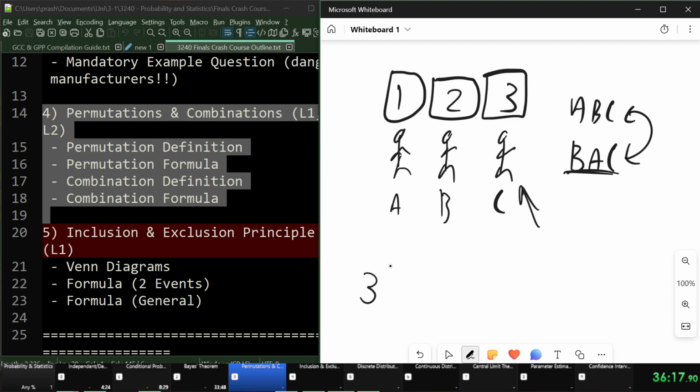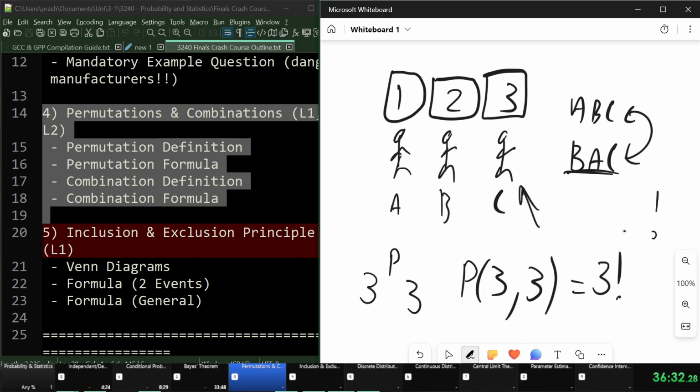So it's 3 permutate 3, or if you want to write it like this, 3P3. The nice thing is that the answer for this is just 3 factorial. You just put an exclamation mark next to the number, and this is how many ways to rearrange them into different, distinct arrangements.